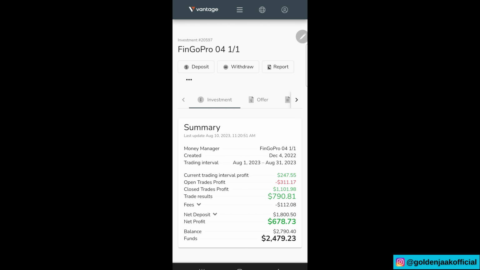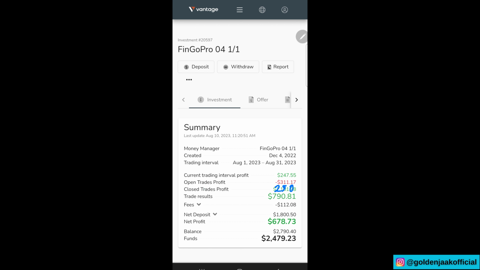And this is where it gets confusing for people, and especially if somebody has just started out with using Fingo Pro 4, it can show you that you're making a loss when actually you have made a profit. Just an example, let's say somebody started last month with 1,000 and they got in at a point where they also got a part of the 25% profit. So let's say they made $250 last month on a $1,000 account.